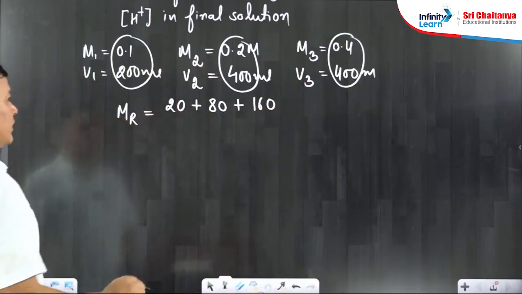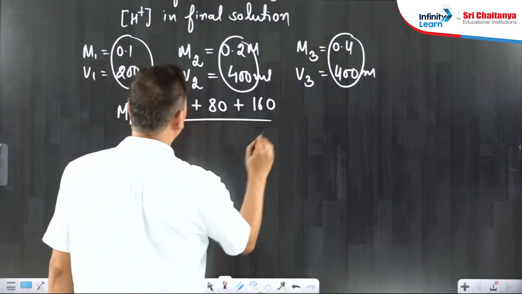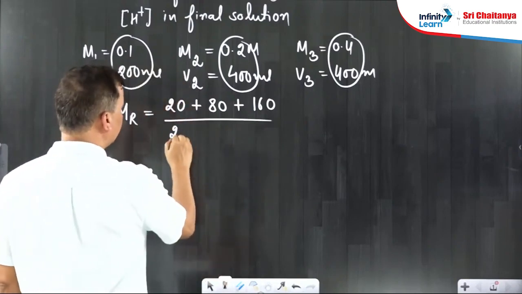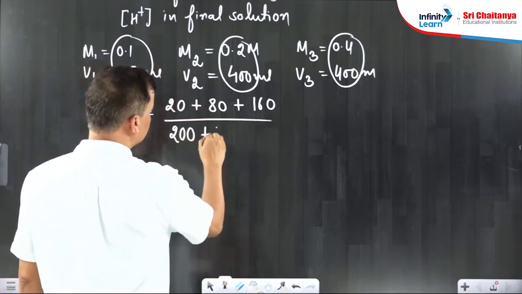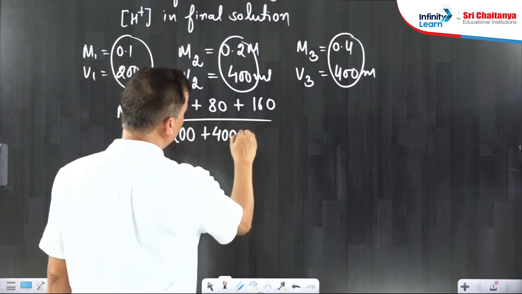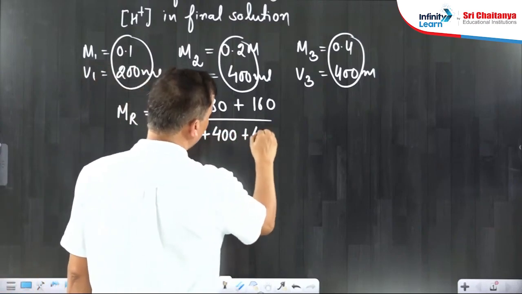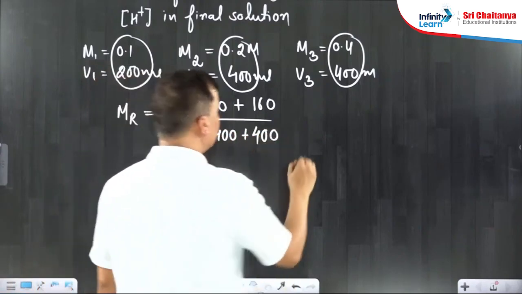So dear student, upon what? Total volume. Total volume is 200 plus 400 plus 400.